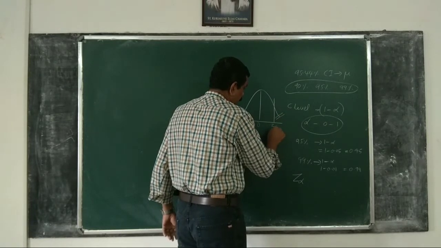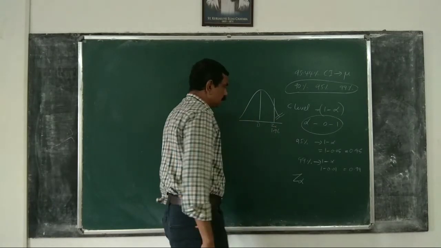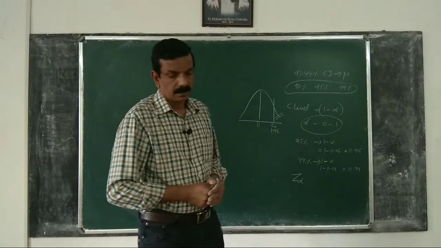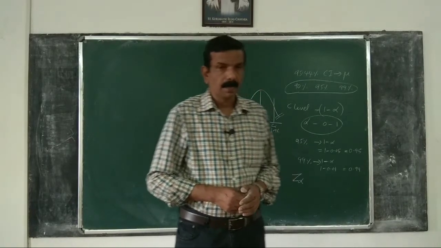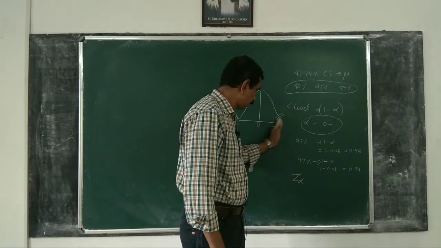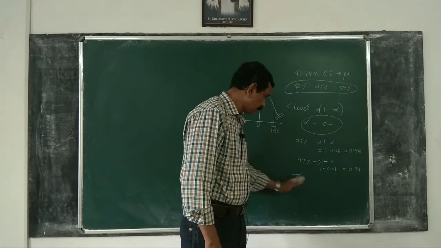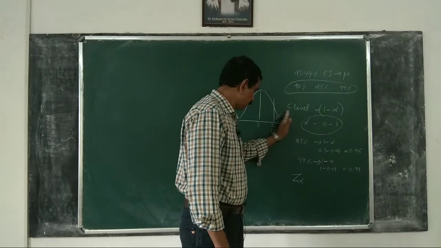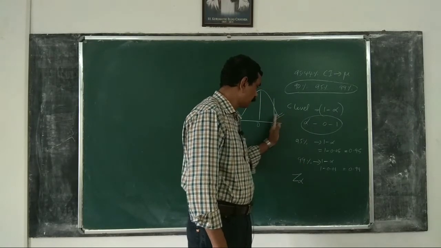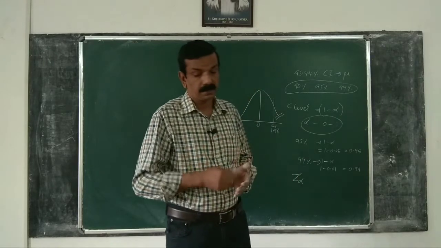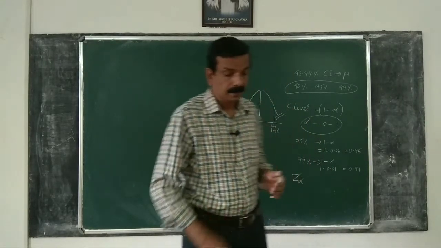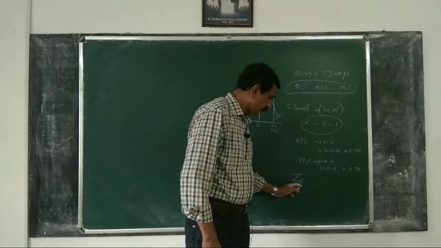Z alpha means the value of Z corresponding to a certain level of confidence, the Z score that has an area alpha to the right.